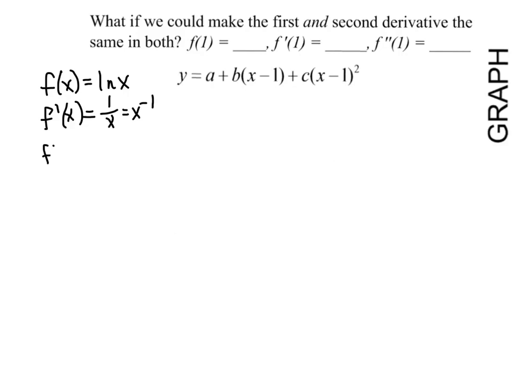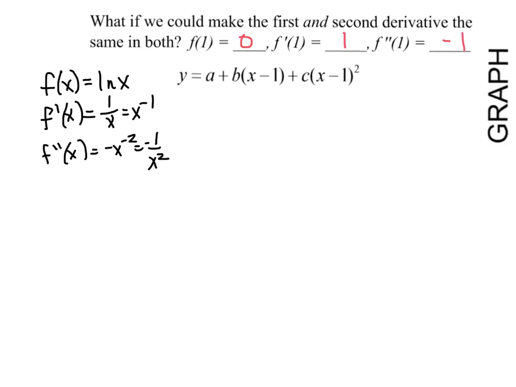So the second derivative would be negative x to the negative second, or negative 1 over x squared. So I'm going to fill this in. f of 1, we said, was 0. f prime of 1, well, if I plug 1 into the derivative, I get 1. f double prime of 1 is negative 1.